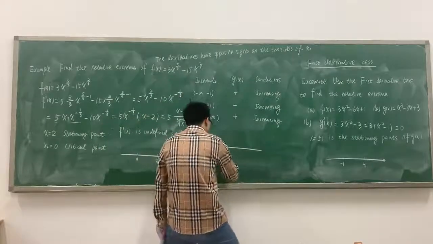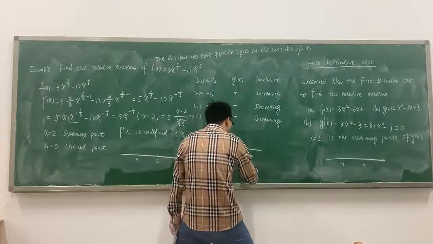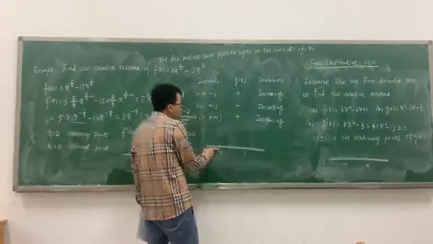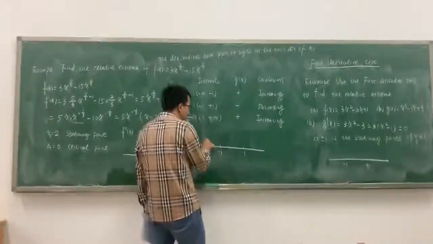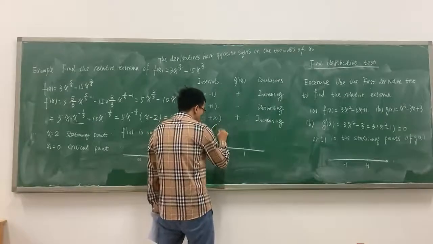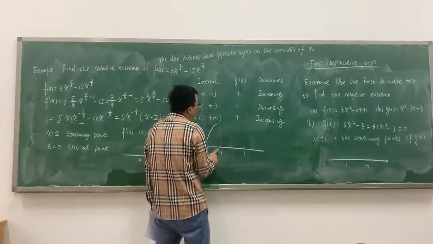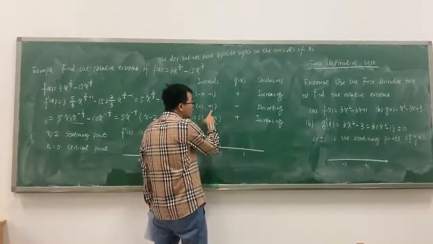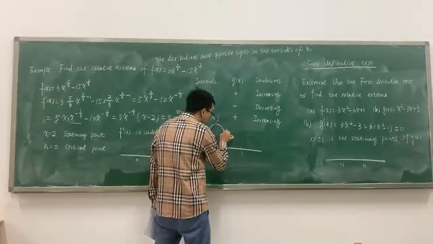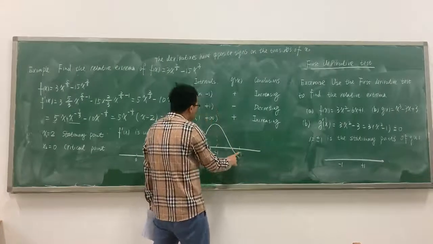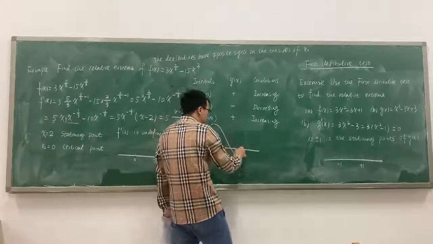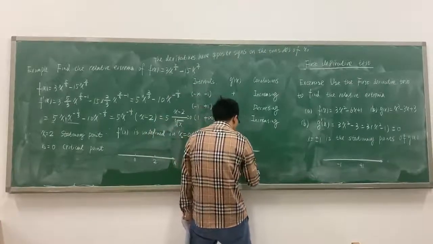Here is minus 1, here is 1. On the left of minus 1 it is increasing, and on the right of minus 1 it is decreasing. On the right of 1 it is increasing, so it's like this.